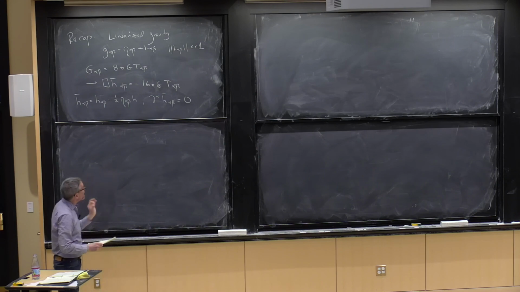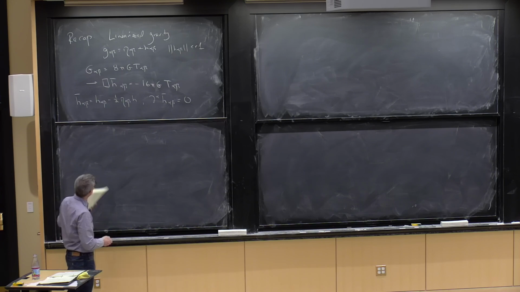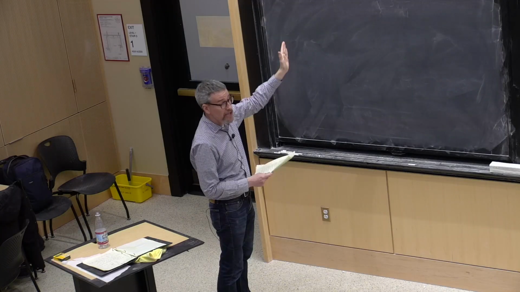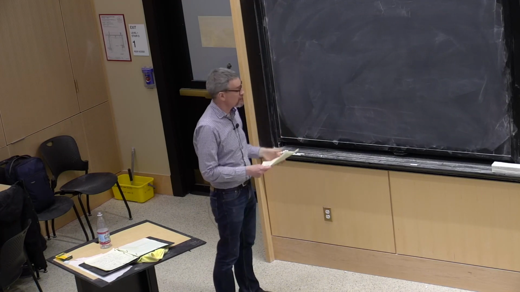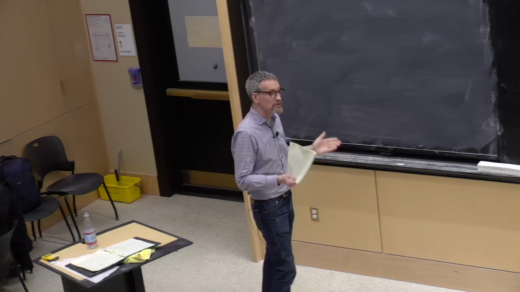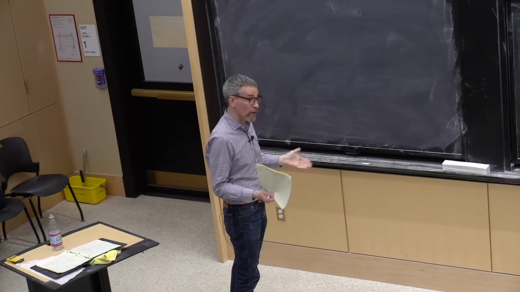And I've chosen a gauge such that the divergence of that trace reverse metric perturbation is 0. The only thing which I had to do is choose a particular gauge, and there's no physics in that. That's essentially a coordinate choice.